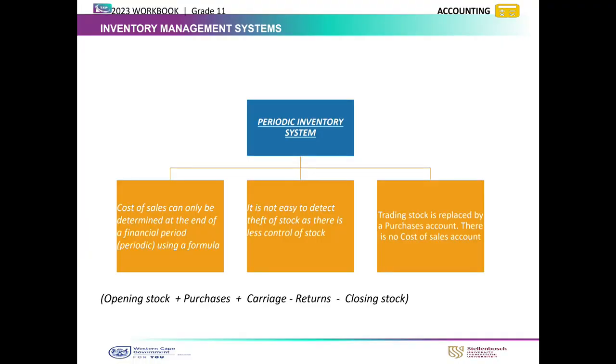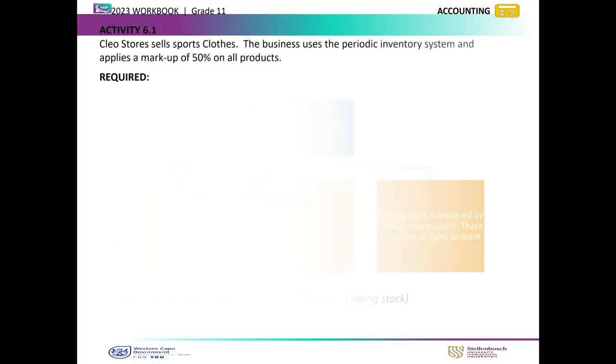Right, the next part in the slides, looking at activity 6.1, Cleo Stores sells sports clothes. The business uses the periodic inventory system and applies a markup of 50% on all products.